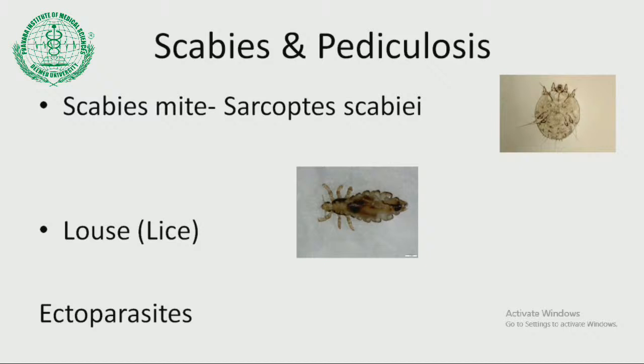Ectoparasites on their own will be giving rise to different clinical conditions, like louse giving rise to pediculosis and scabies mite giving rise to scabies. Sarcoptes scabiei is not known to transmit any particular infection, so scabies mite does not act as a vector, but louse definitely causes pediculosis, and it also gives rise to different vector-borne diseases that you should know. So this is just a deviation from today's topic, but you should know the similarities and differences.